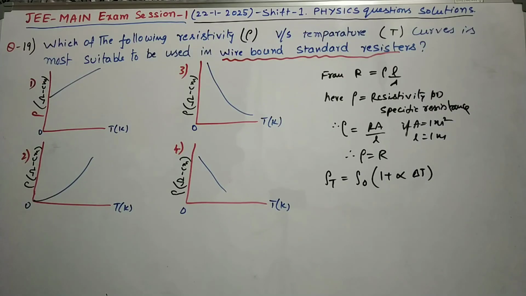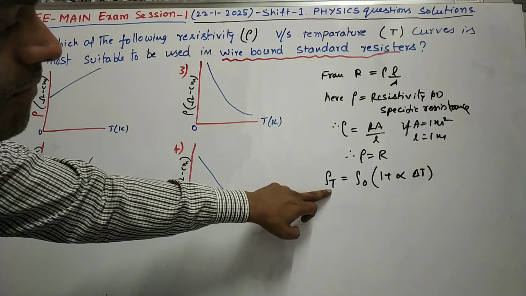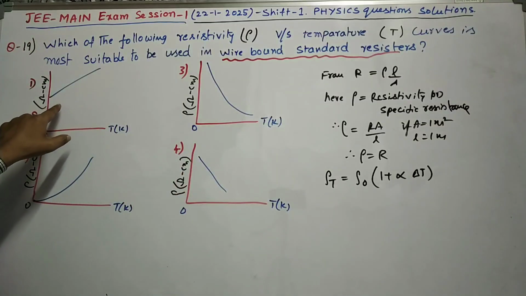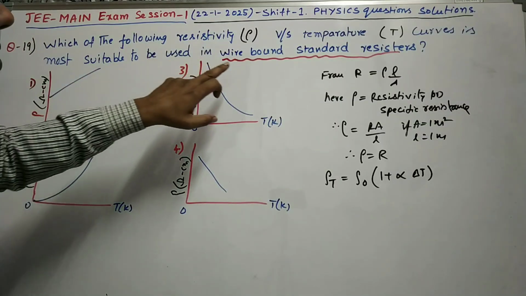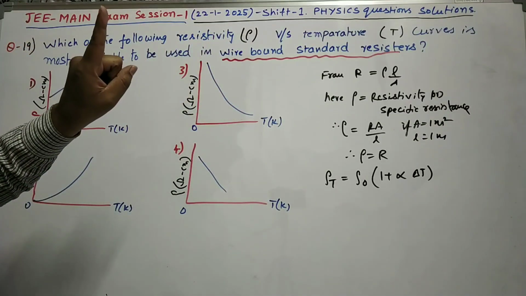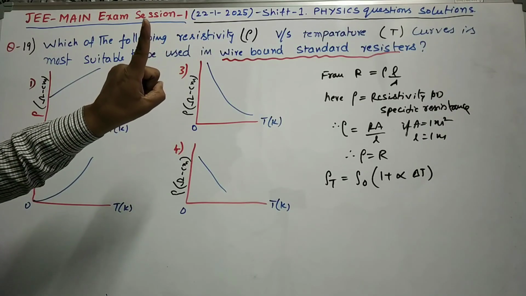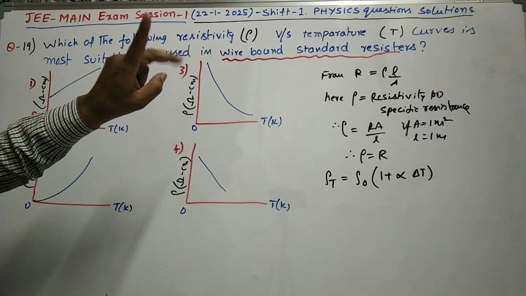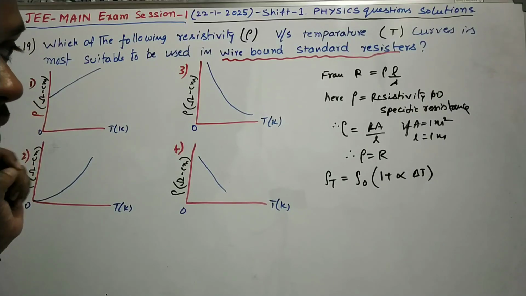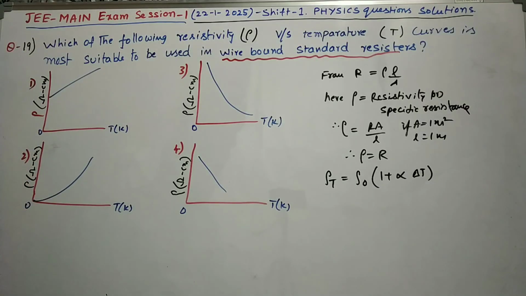When you plot a graph between rho T and temperature, we get an equation like this. Already I told you the resistivity of a material is dependent on temperature, and different materials do not exhibit the same dependence.